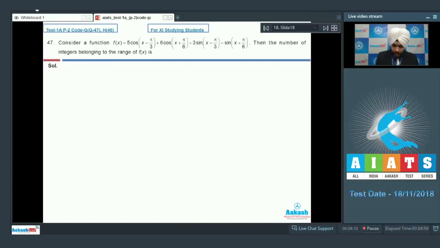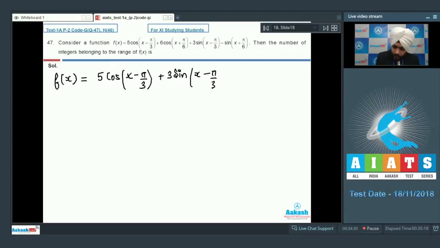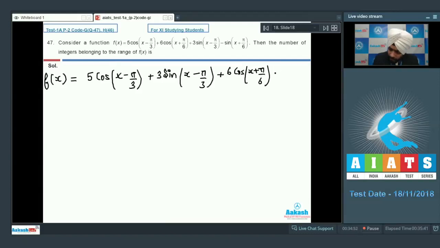So starting with this particular function, f(x) is equal to 5 cos(x minus pi by 3) plus 3 sin(x minus pi by 3) plus 6 cos(x plus pi by 6) minus sin(x plus pi by 6).